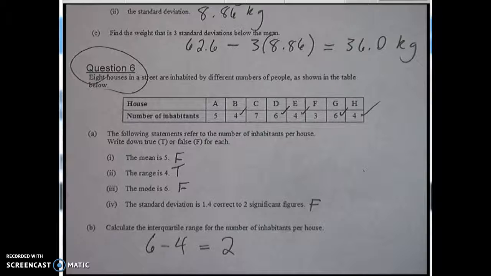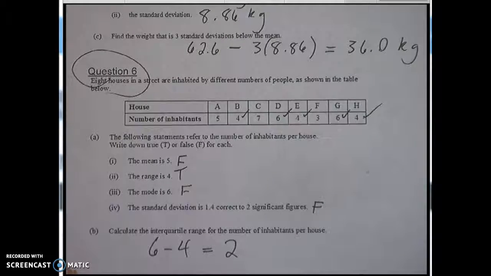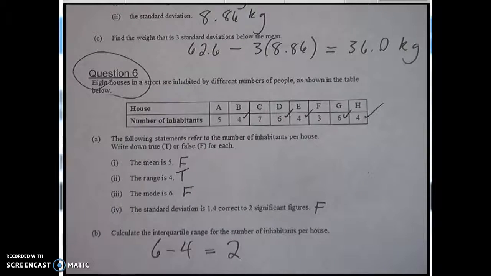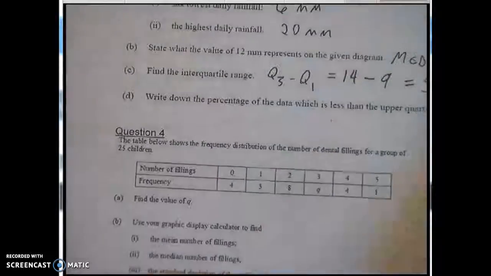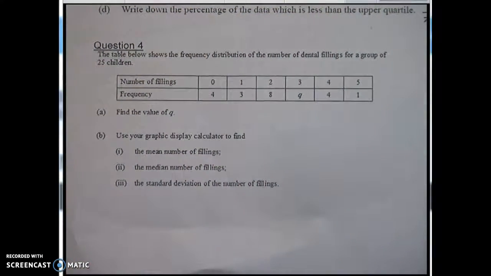So I've got time to do 1 or 2 more. So I'm just going to maybe do one of these that I didn't do before for standard deviation. So I'm looking at this one right here. We've got a table that shows frequency data.